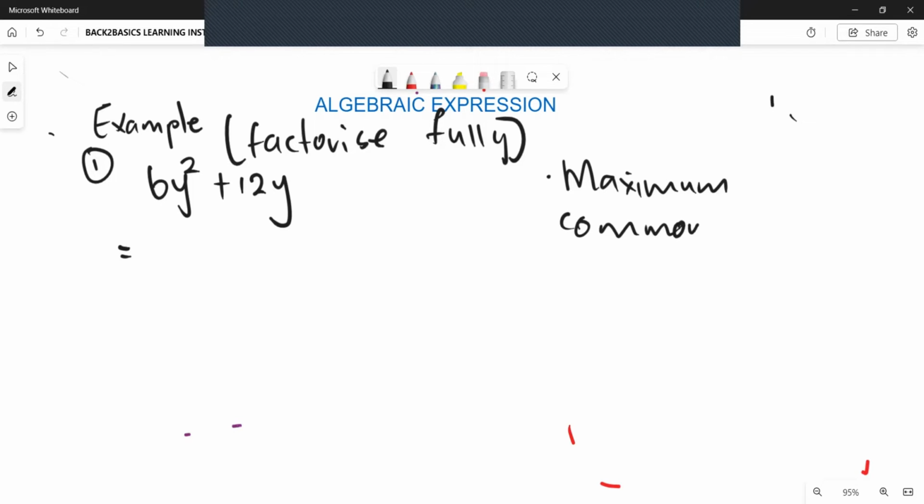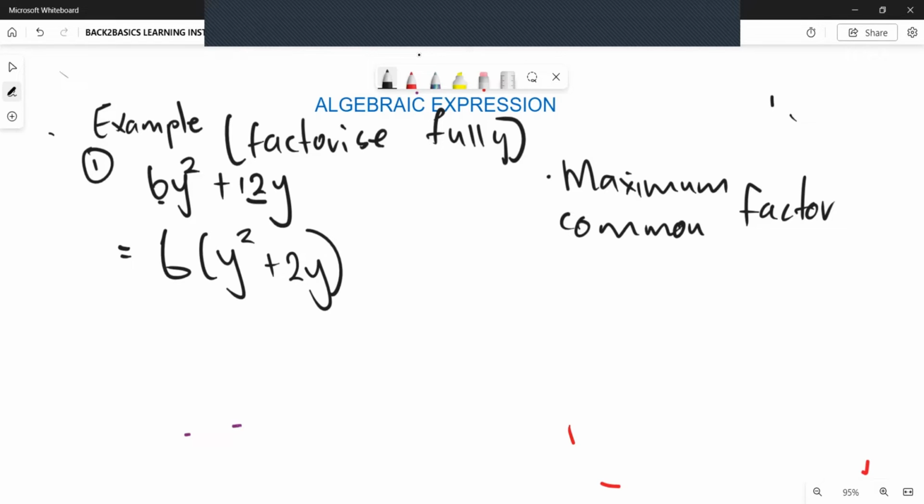Remember, that's what we need to look for. Yes, as much as 3 is a factor of this and this, it's not the maximum. But 6, yes, 6 is the maximum. So you're going to be left with 6 into y squared plus 2y.